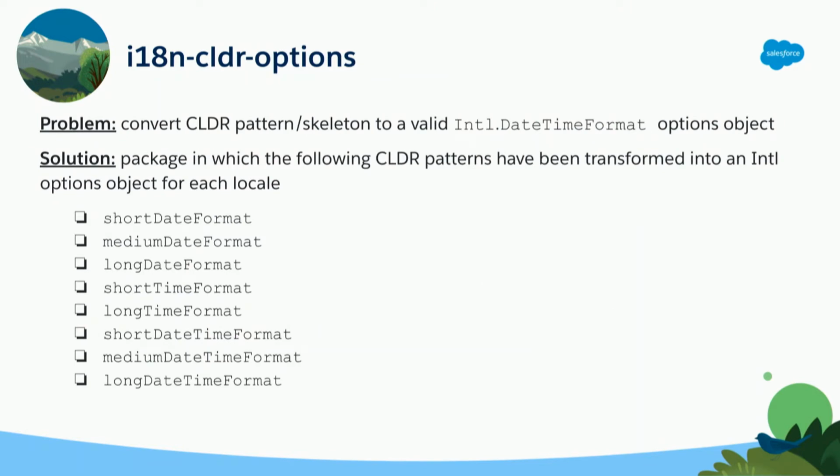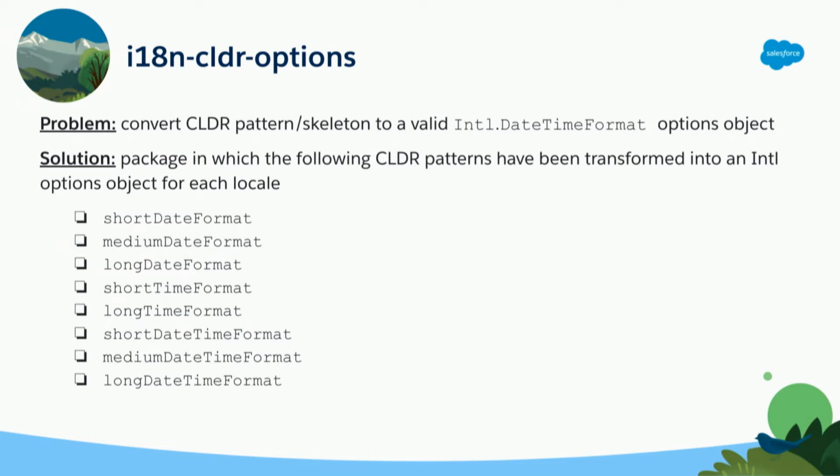The next part was CLDR options. We wanted to have the ability to use the CLDR patterns in JavaScript. We are using ICU in the backend, so it was obvious for us to pass this information from backend to frontend and then convert it to something that can be understood by JavaScript.